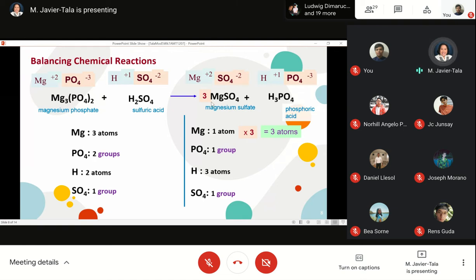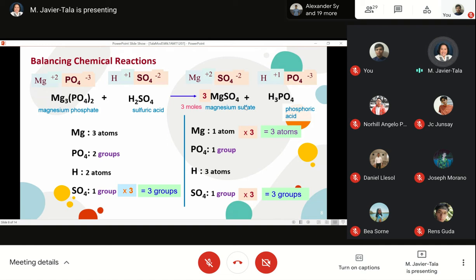But when we put it in front of your magnesium sulfate, it will also affect the number of your sulfate groups. So there will also be 3 groups of sulfate anion on the product side. On the reactant side, to make it equal, we have to multiply your sulfate group by 3 so that there will be 3 groups.